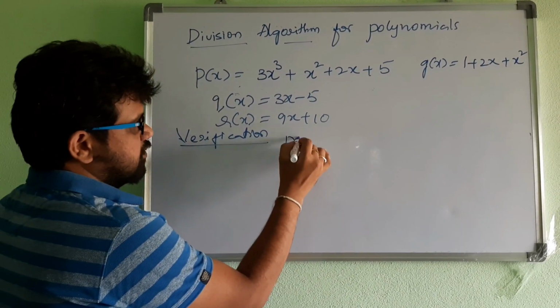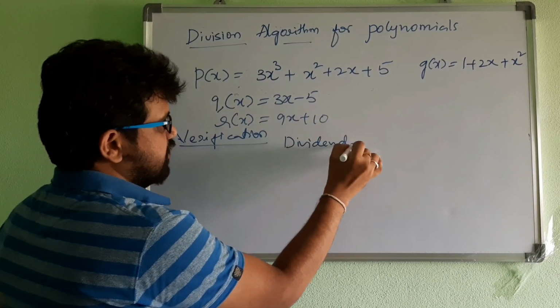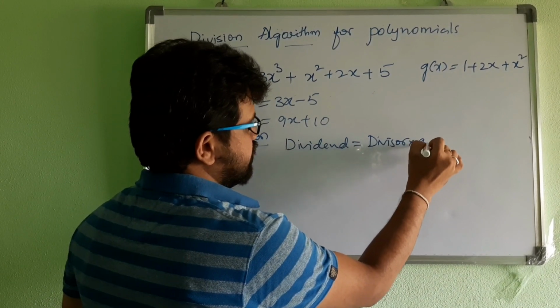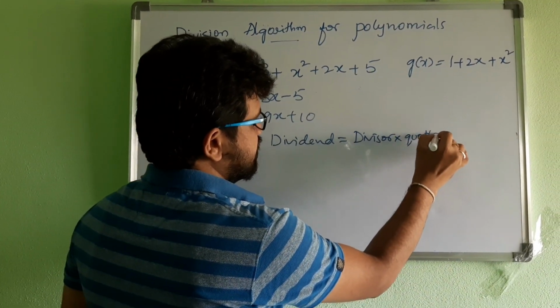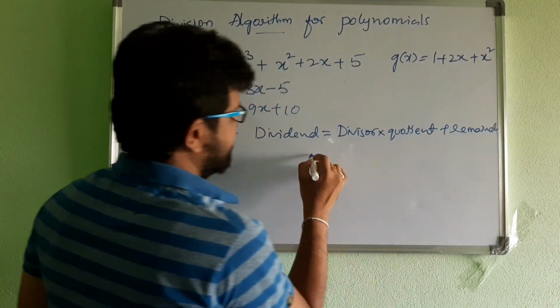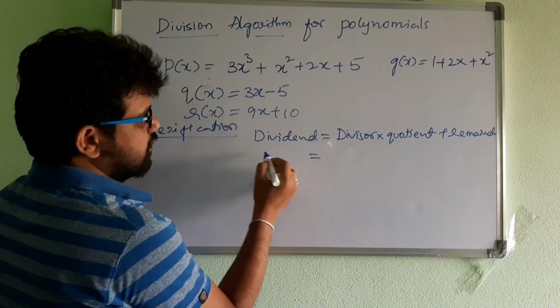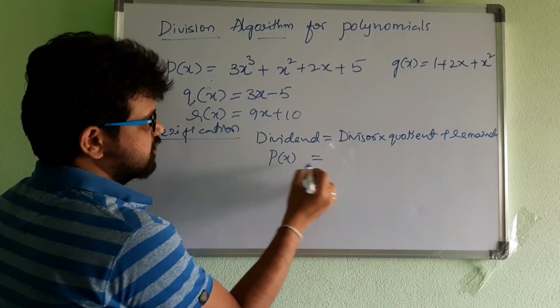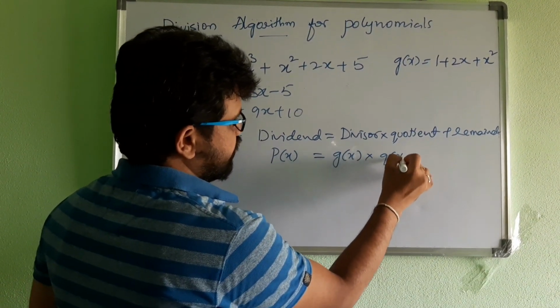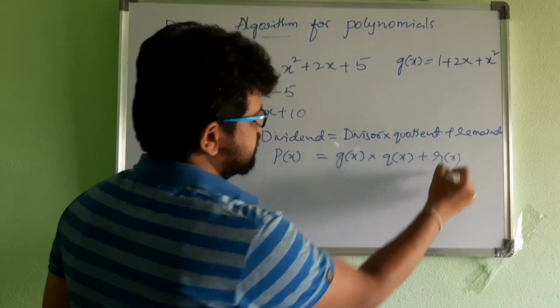How to verify that? Dividend is equal to divisor into quotient plus remainder. Dividend is p of x, divisor is g of x, quotient is q of x, plus r of x.